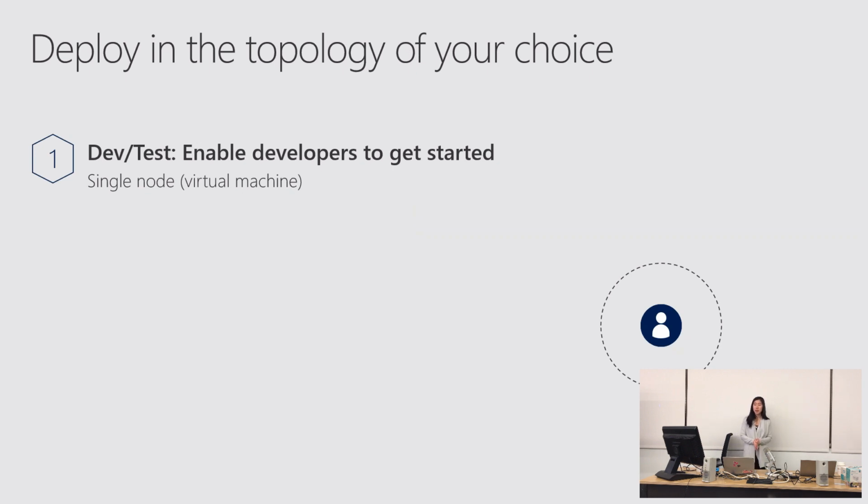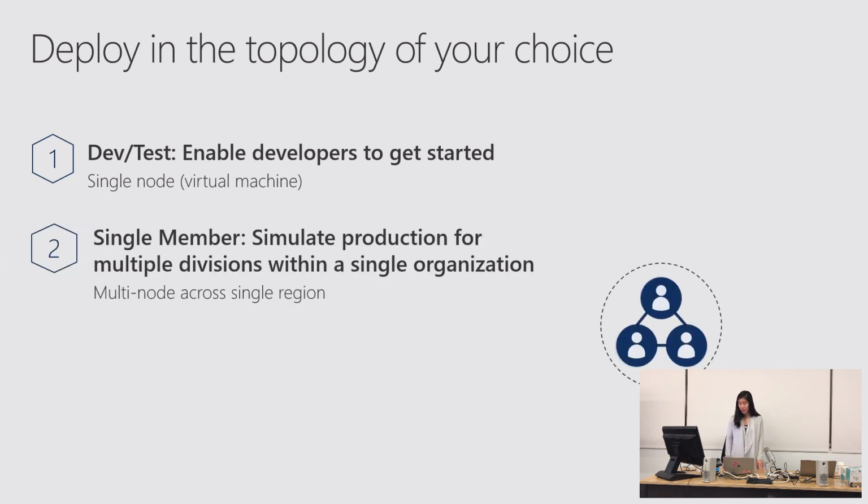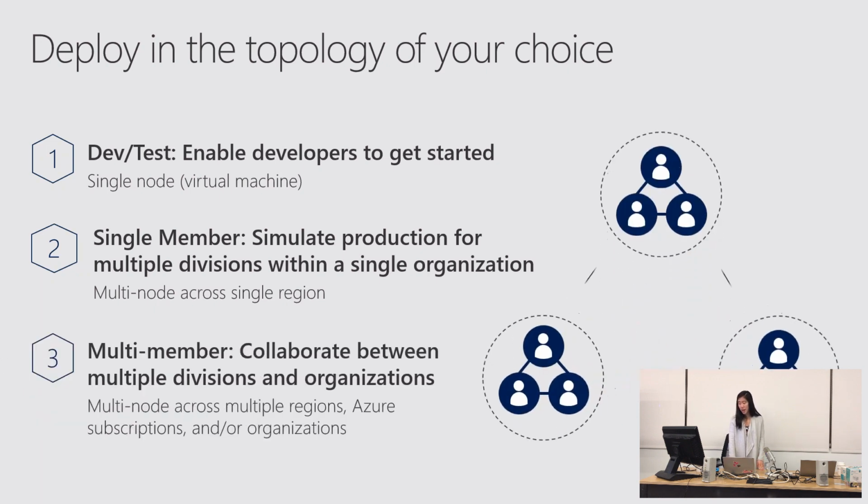Our templates come in a number of topologies, so you can choose which one you want. The first one is a dev test scenario where you have a single node, and that's your blockchain network, just for you to experiment with. We also have a single member, which simulates multiple organizations within a single organization. This is for when you have a single subscription and you want to have this network simulation, how do you do that?